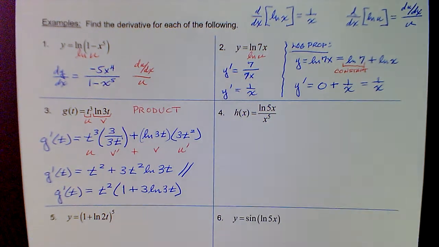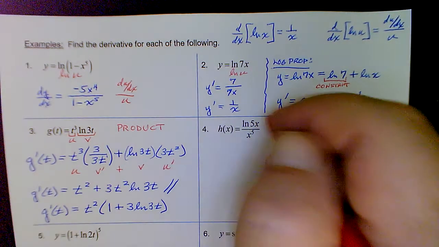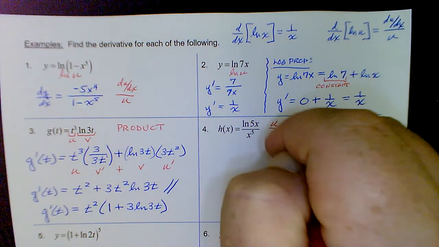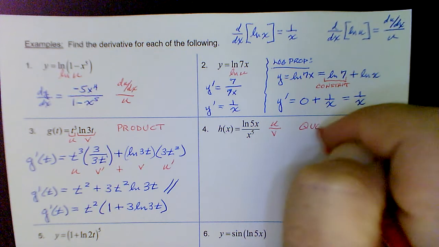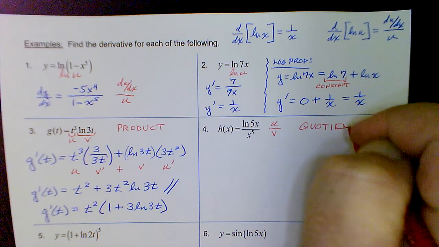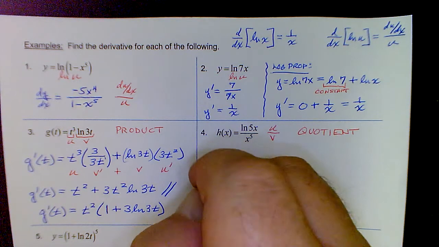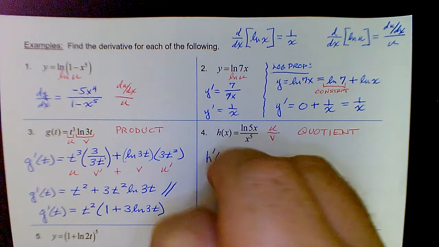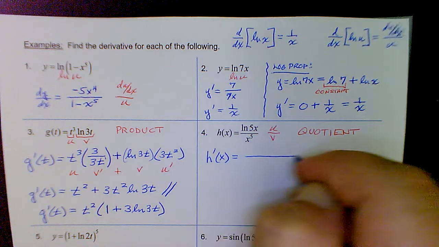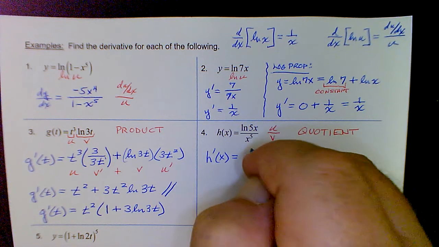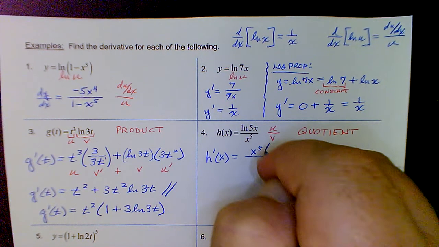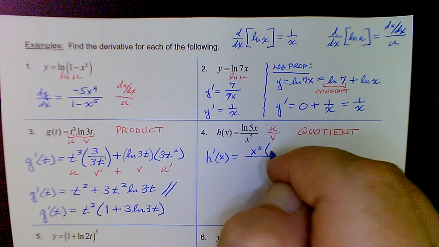Okay, so next example, hopefully it's easy to identify this as a quotient, u over v. And so by the quotient rule, h prime of x would be a fraction, starting with the denominator, x to the 5th, times the derivative of the numerator.